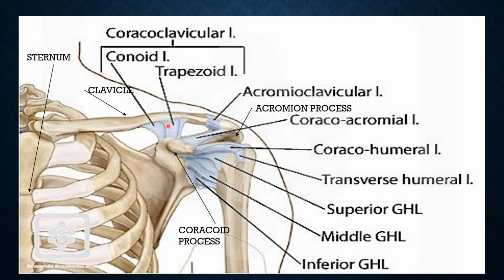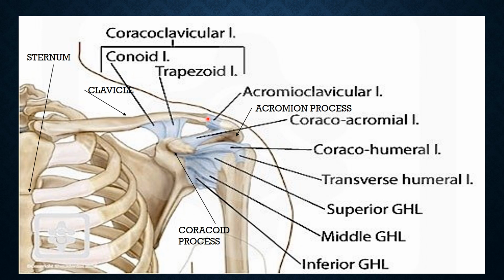So, these three tiny ligaments play an important role in keeping the scapula attached to the clavicle, as they are attaching the coracoid process and the acromion process to the clavicle.